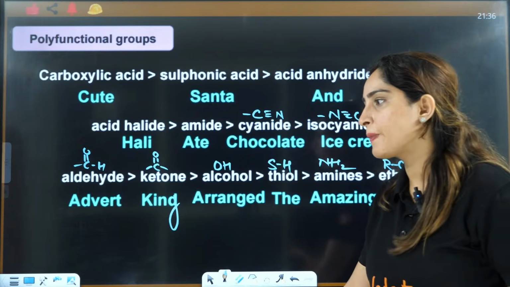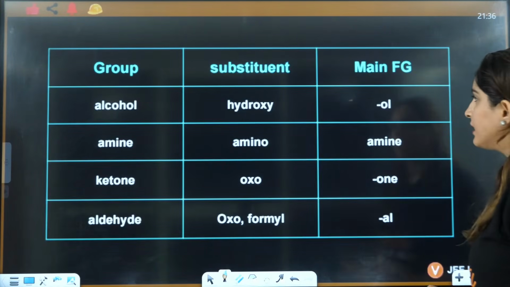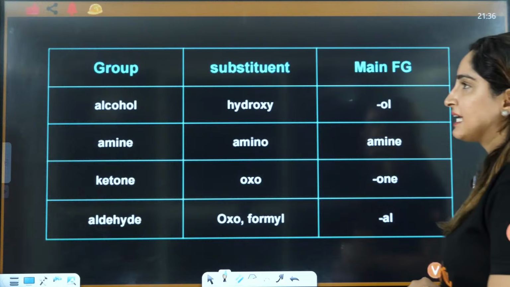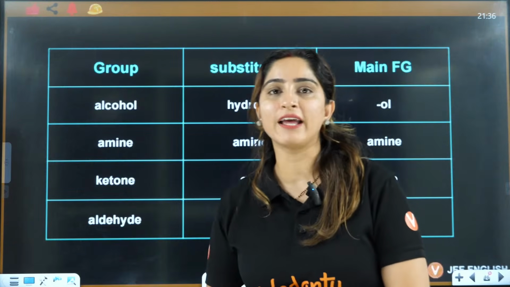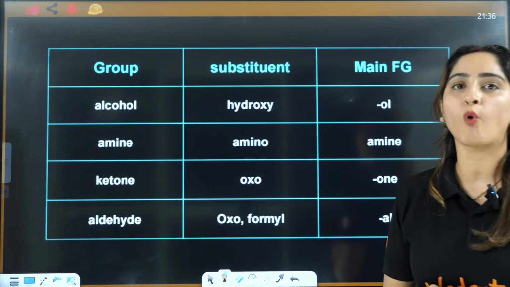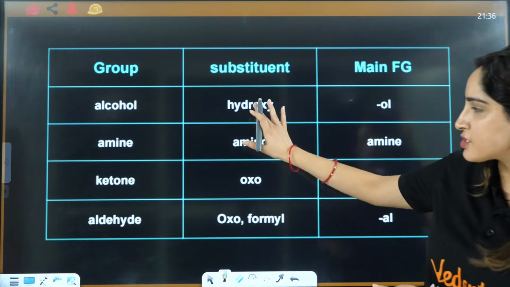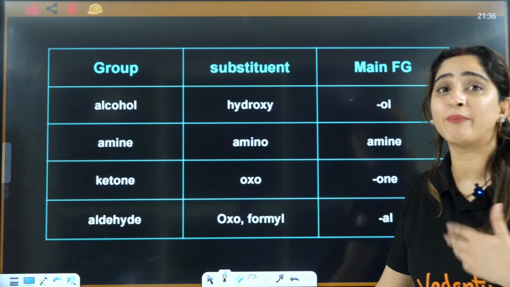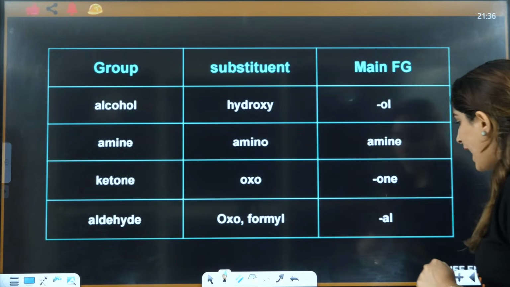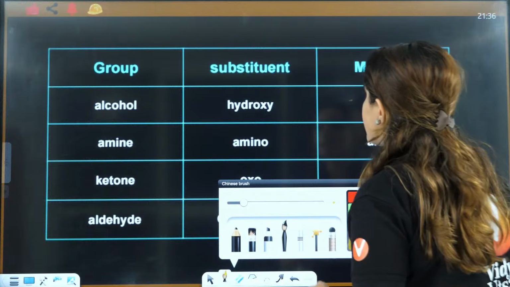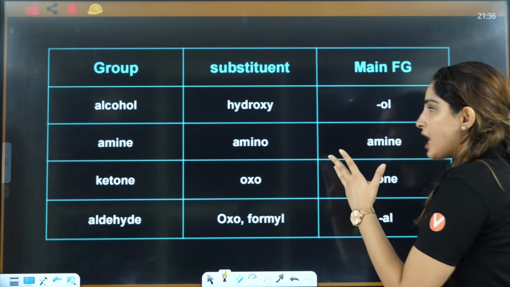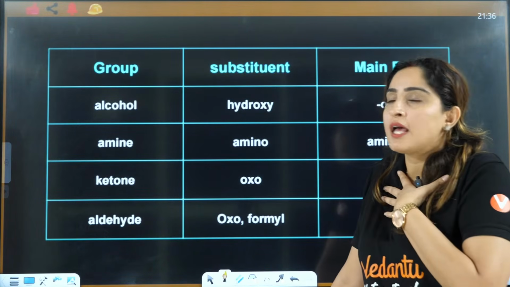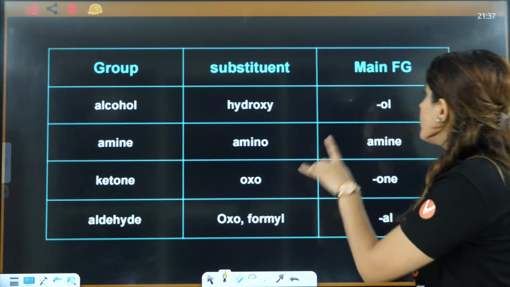Now, let's see what names are written when these groups act as a substituent. First, we just go through the names, then I'll give you some examples, and you will understand better. When alcohol is the hero, we write ol.